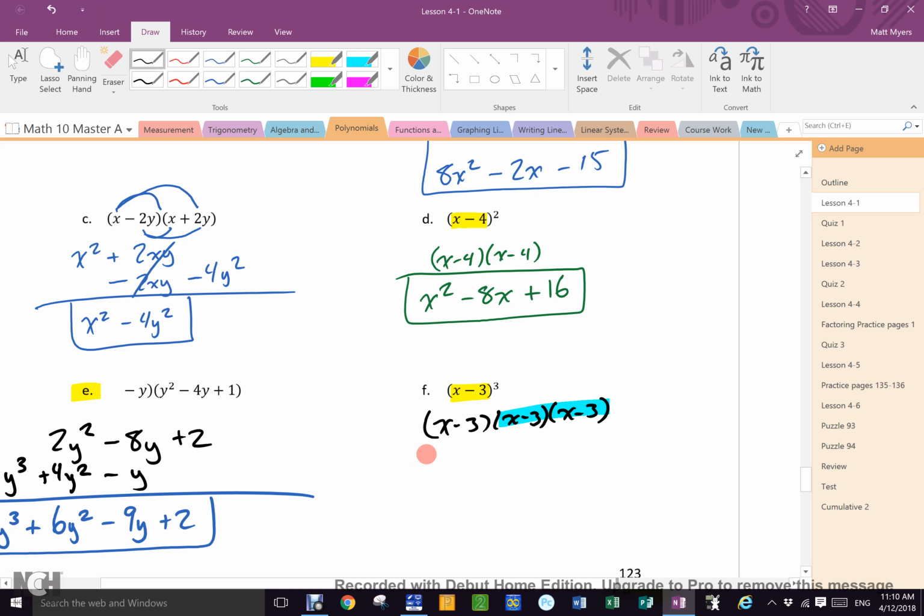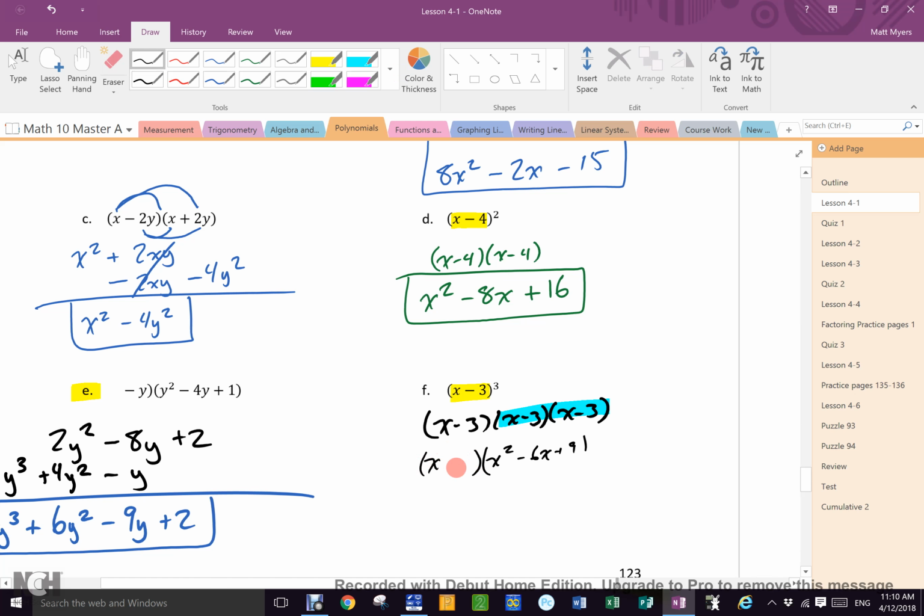Can I use the shortcut there? Why? Yeah, you just do it twice. This is x squared minus 6x plus 9, right? And then this is now the same as this. The x goes through first. So I'll help you out and erase the 3.